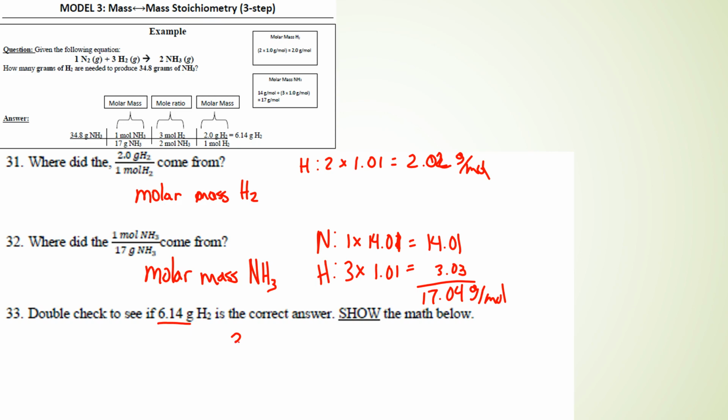So if I'm entering this in the calculator, I'd start with my 38.4. I'll multiply my first fraction, which is 1 over 17, times my second fraction, which is the mole ratio, which is 3 over 2, times my third fraction, which is 2.0 over 1.